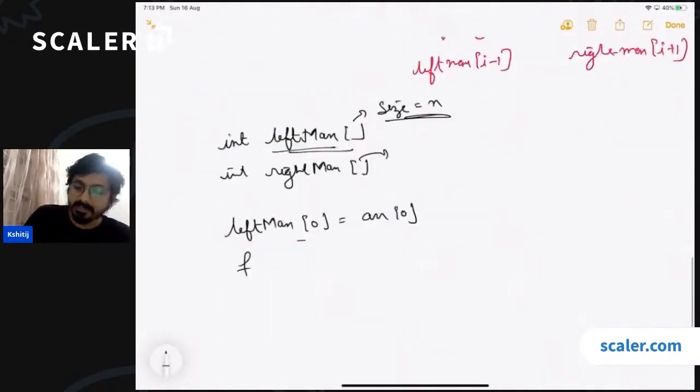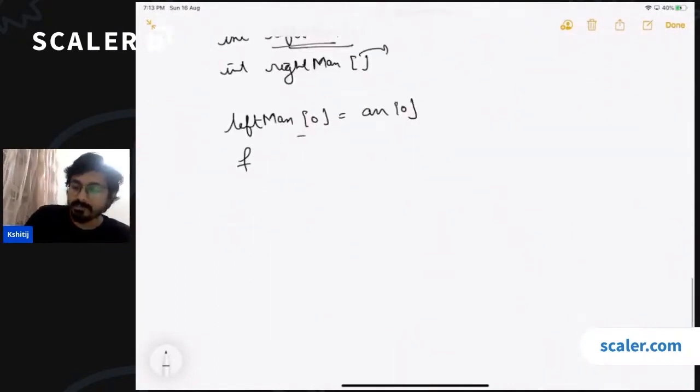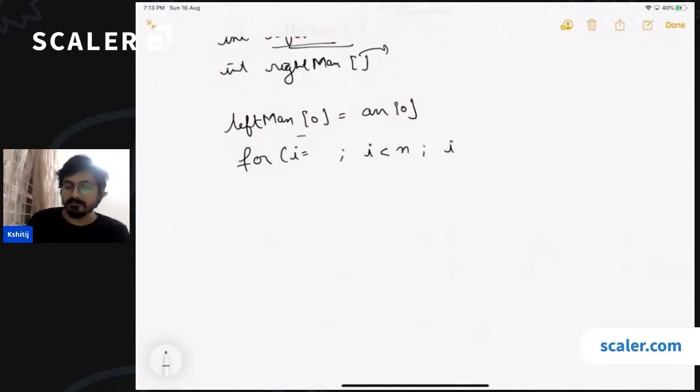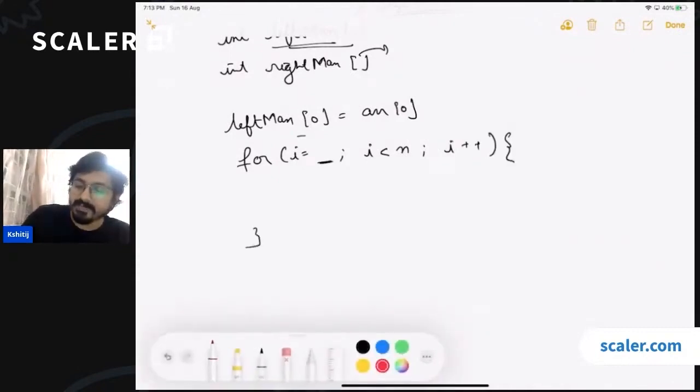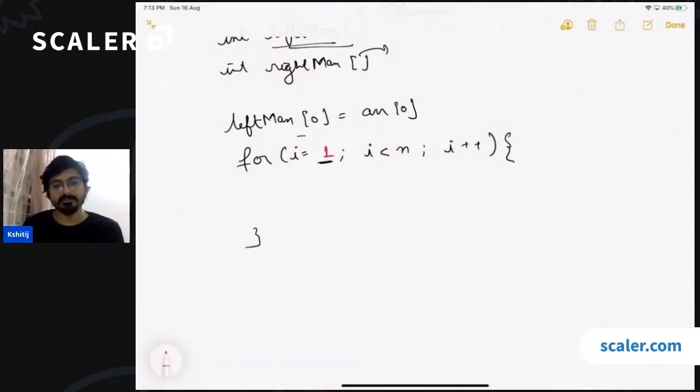Now for the remaining bars, we can just run a loop which will start from some point and go till n. From where should we start the loop? Should it start from 0? Yes, the loop is going to start from index 1, because we have already filled the value on index 0, so we don't need to start from index 0.